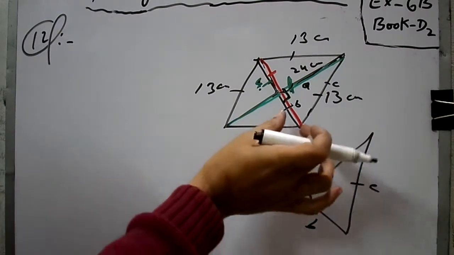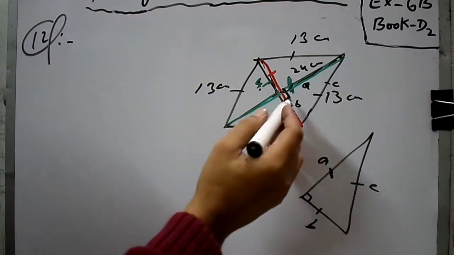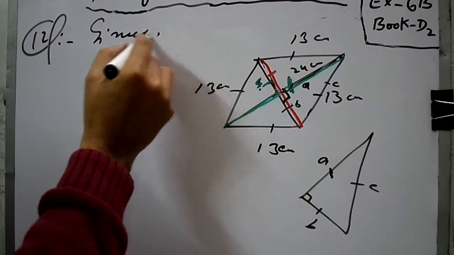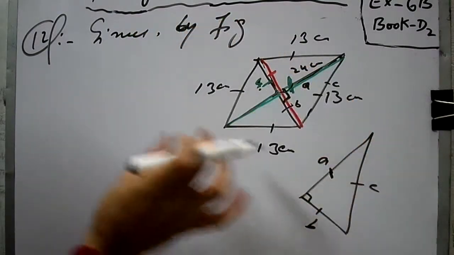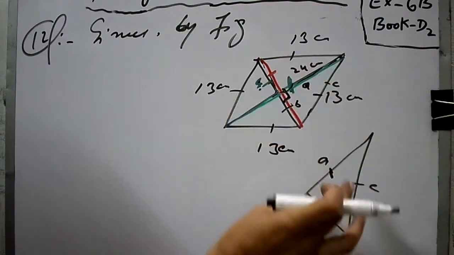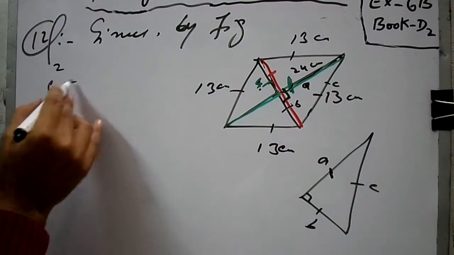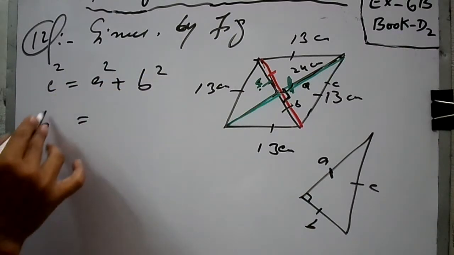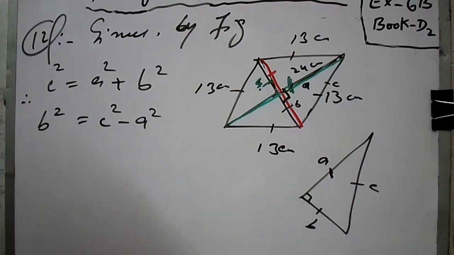For example, you need the value of b. The diagram is very much important. By Pythagoras theorem, c square is equal to a square plus b square, but you need the value of b, so b square is equal to c square minus a square.